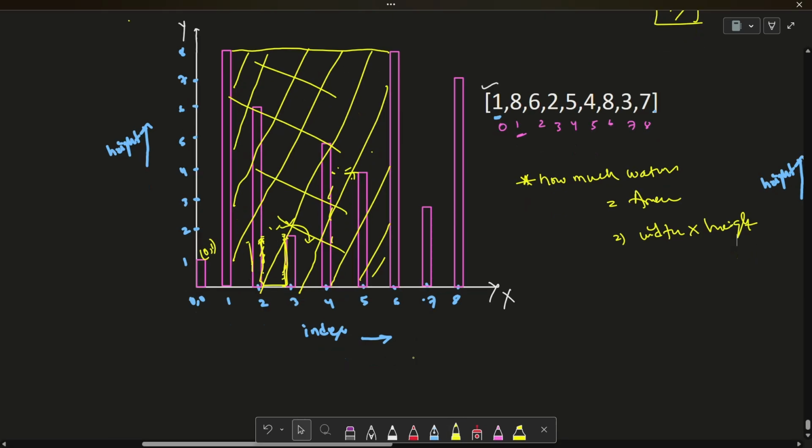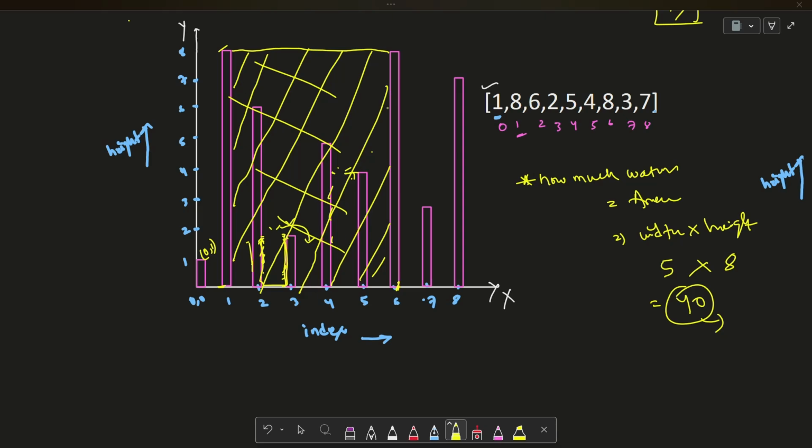Height we already know, it is 8. Now the width, from here to here: 1, 2, 3, 4, 5. So the width is 5. 5 into 8 is 40. This is the amount of water these two lines can hold.